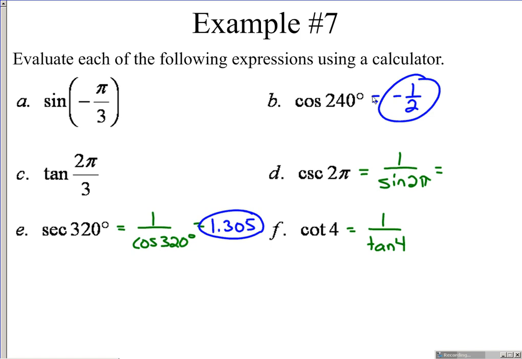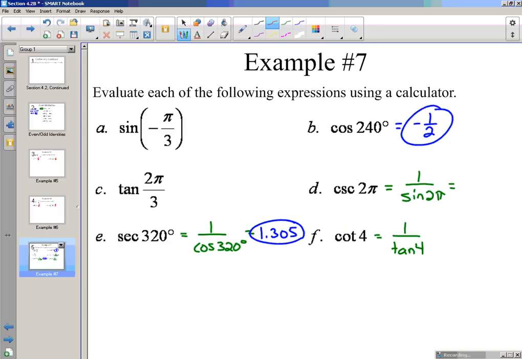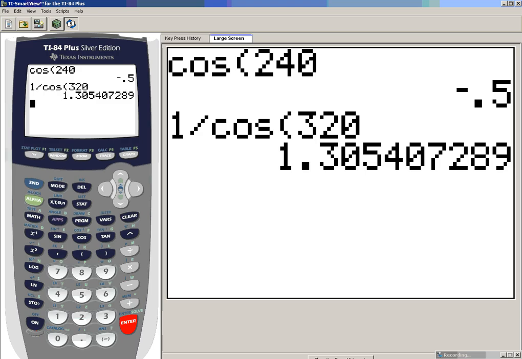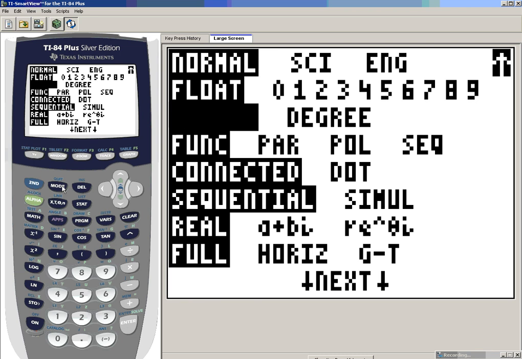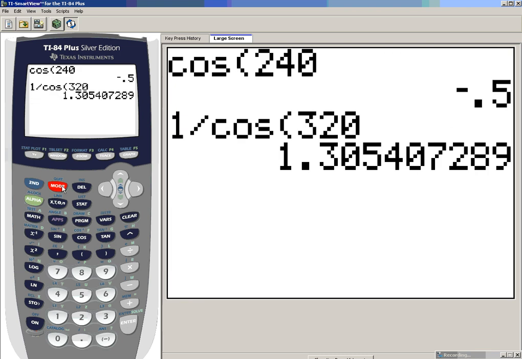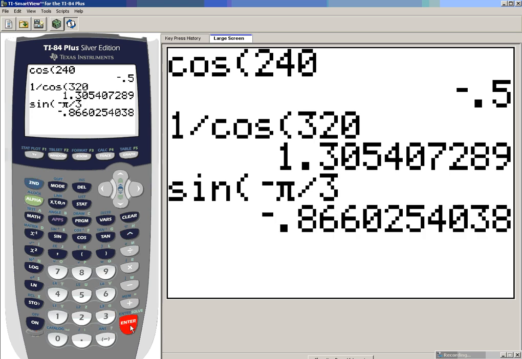Now let's do the 4 that are in radian measures. In the calculator, we need to make sure that we change our mode back to radian. So highlight radian, hit enter. And now plug them in. Sine of negative pi over 3 is negative 0.866.